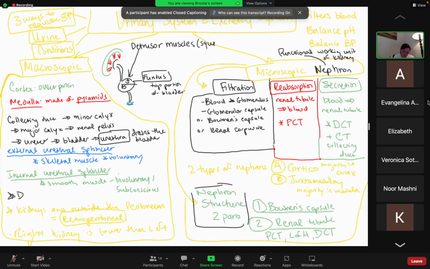You also have rugae. Rugae increase surface area in the bladder. They're little convolutions on the outside of the bladder. So those are 2 little terms associated with the bladder you would want to know: rugae and detrusor muscles.